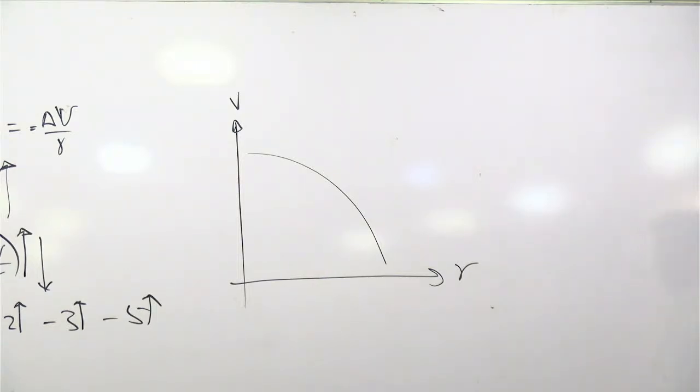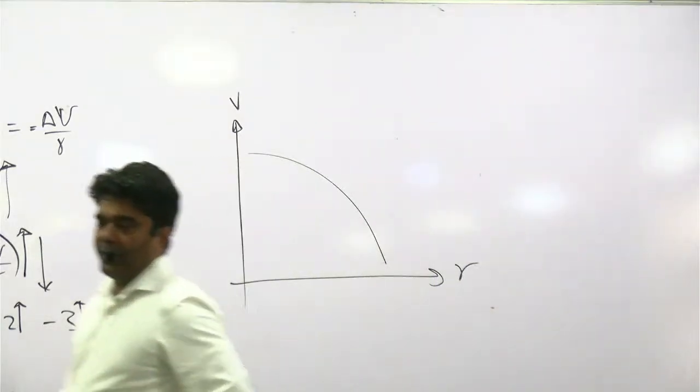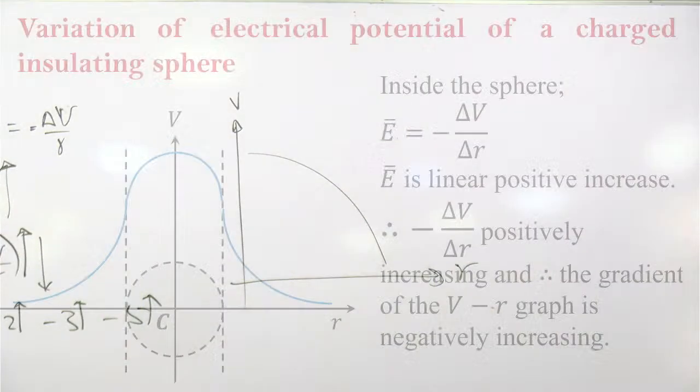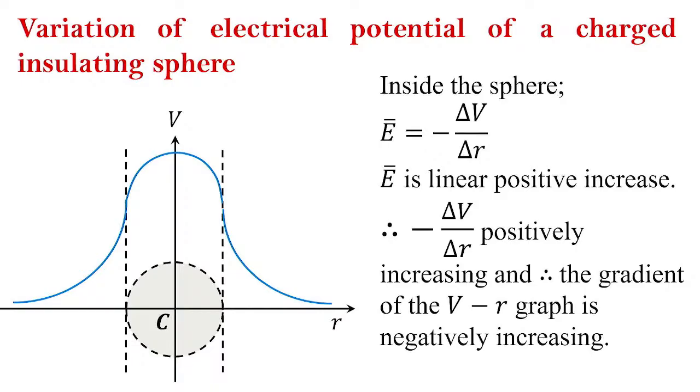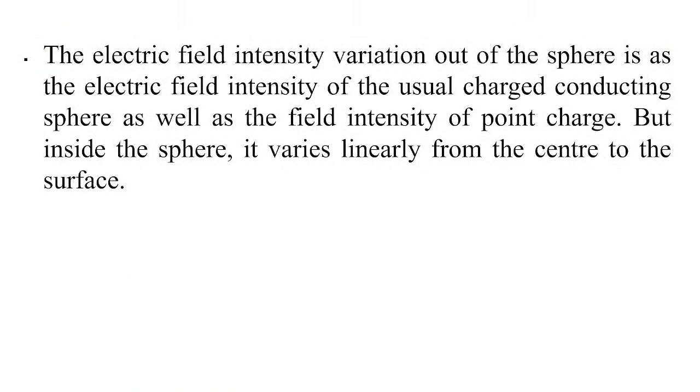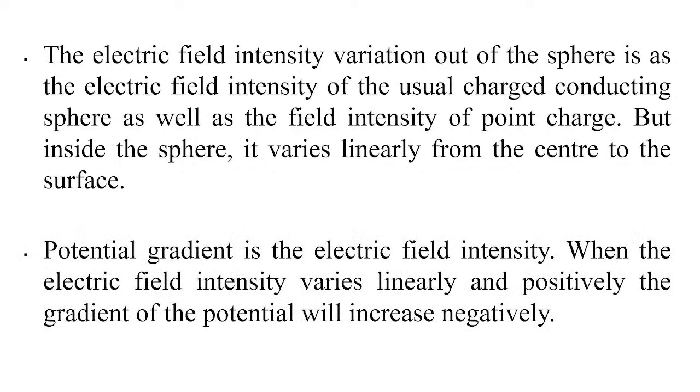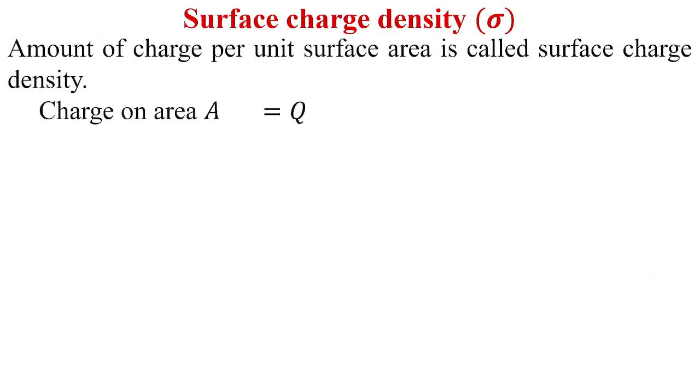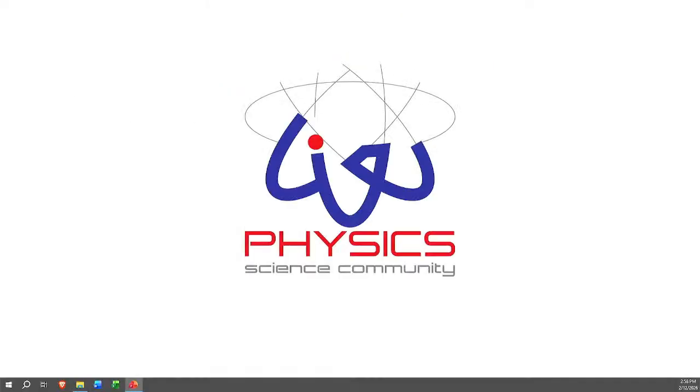Okay. So that is correct. Thank you very much. There was a typo at the bottom. That is a negatively increasing graph. The gradient is negatively increasing. Correct it in the note as well. Thank you. Right. The electric field intensity variation outside the sphere is the same as the electric field intensity of the usual charged conducting sphere as well as the field intensity of a point charge. But inside the sphere, it varies linearly from the center to the surface. Potential gradient, yes. Okay, so we go to another one.